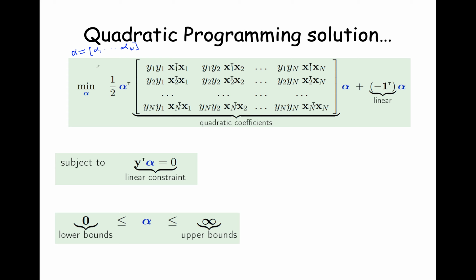And so if we have alpha as a column vector and we take alpha transpose, well, that's a row vector. We take this, multiply across and down. We have alpha 1, y1, y1, x1, x1, alpha 2 times y2, and so forth. So essentially, if we take this product, x1, x2, x3, yes, that's correct.